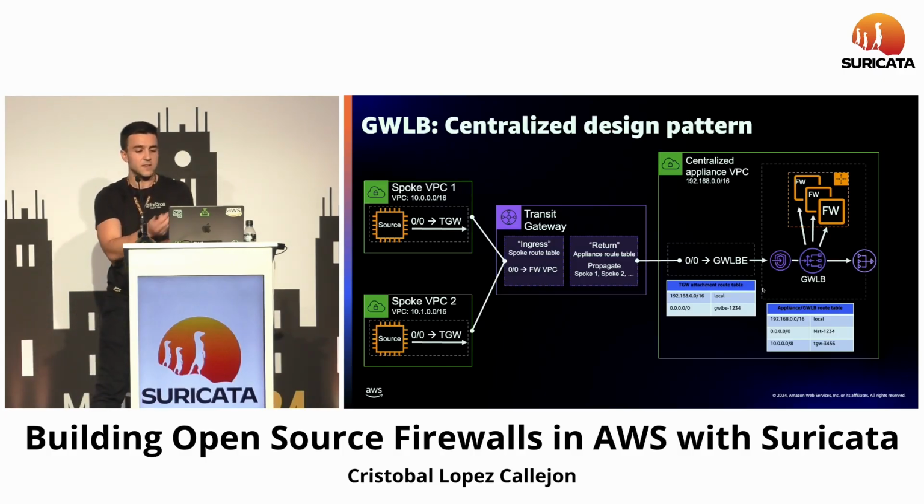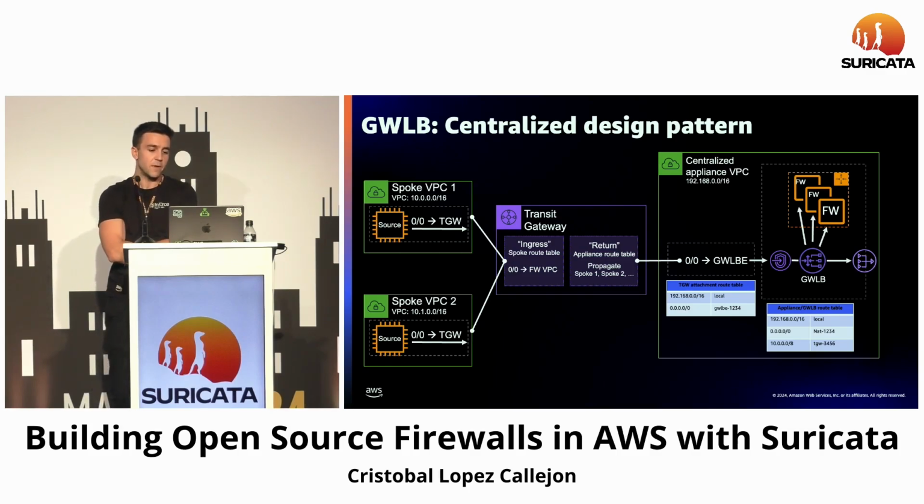The traffic, again, is going to be inspected, but after the traffic is inspected, due to the route table that we have here, instead of going to the NAT gateway and to the internet, it's going to go back to the Transit Gateway, and from the Transit Gateway, seeing that the traffic is pointing to some of the other networks on our private network, we're going to be able to reroute the traffic to its original destination.